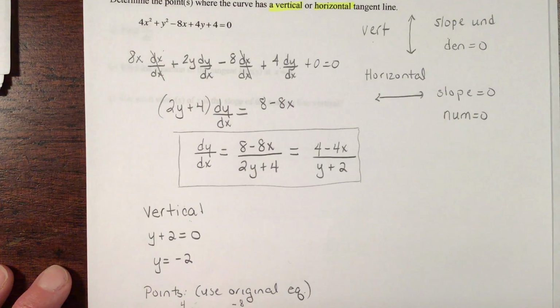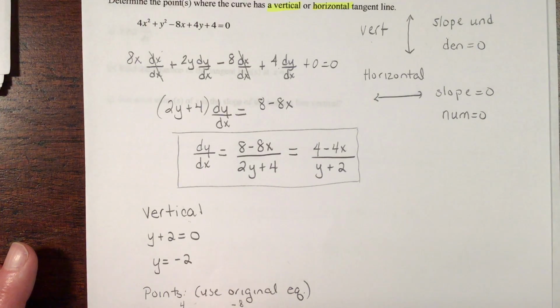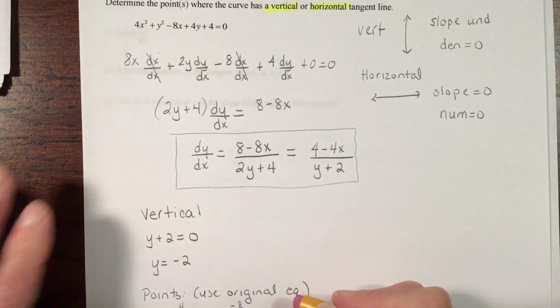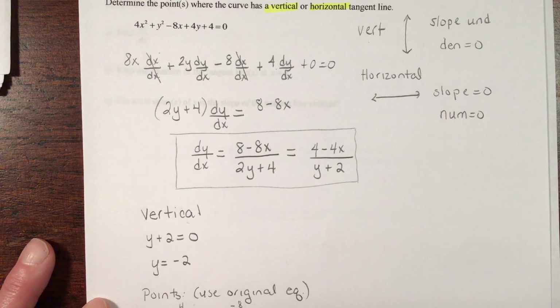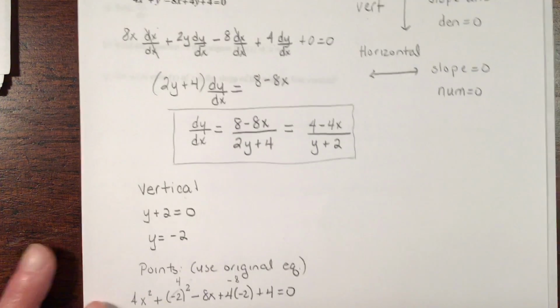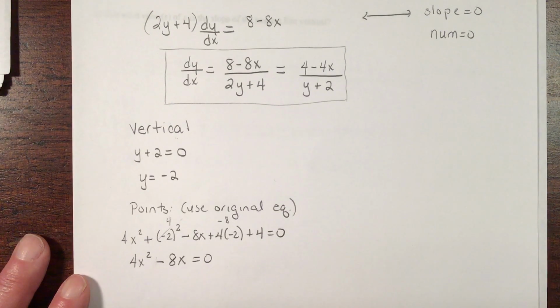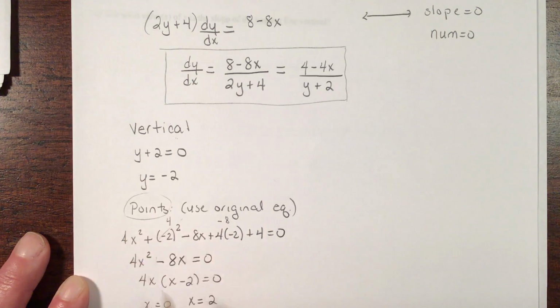So I have 4x squared minus 8x. I was just messing up a tiny little bit there. 4x squared minus 8x equals 0. So I need to solve this. 4x times x minus 2 equals 0. That's going to happen when x is equal to 0 or x is equal to 2. Remember, we want to write these as points. So my 2 points are (0, -2) and (2, -2).